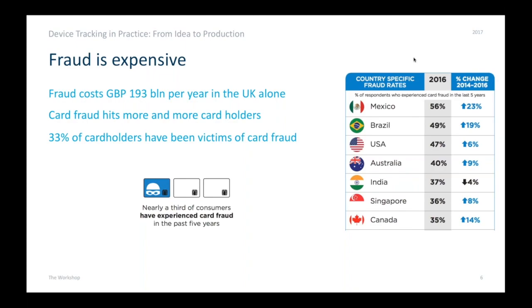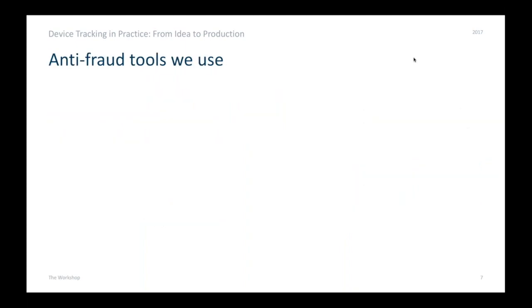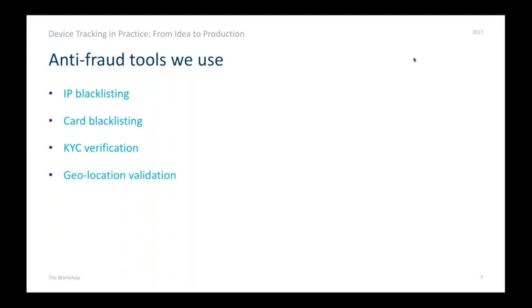Here's what we do to mitigate that risk. We've got several anti-fraud tools that we use, such as IP blacklisting. We're able to blacklist certain IP addresses or ranges. We have credit card blacklisting. We do KYC verification for our customers. And we are also able to do geolocation validation.